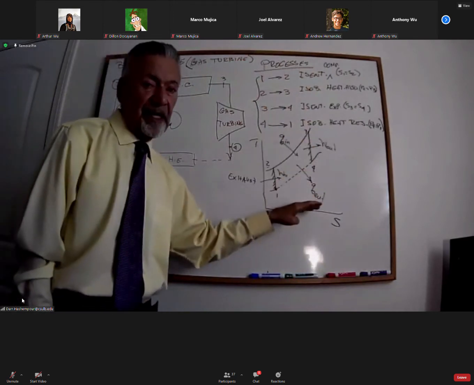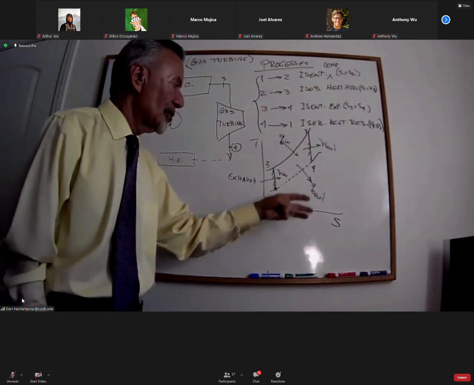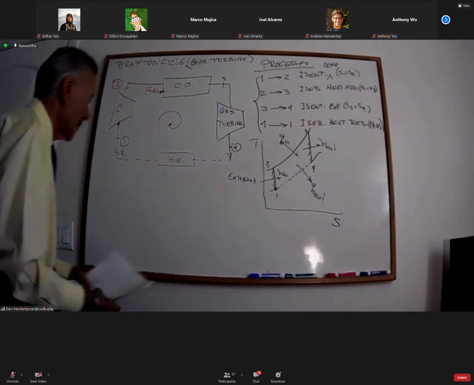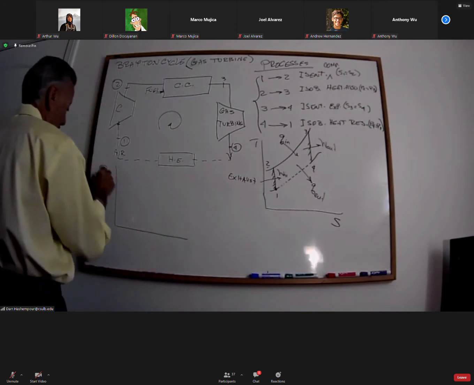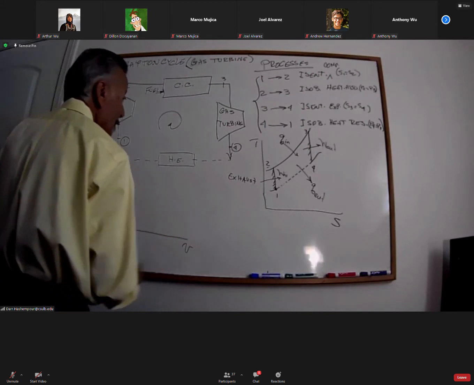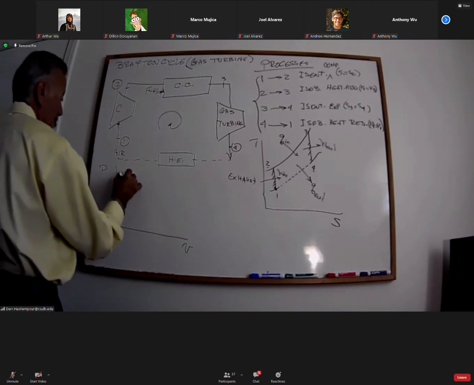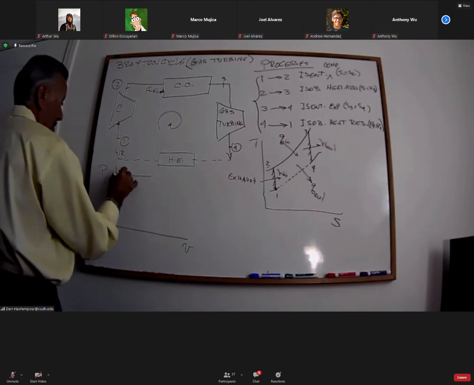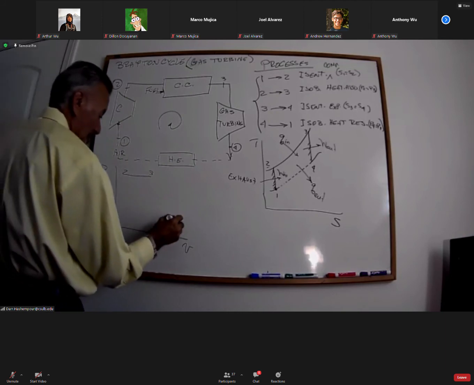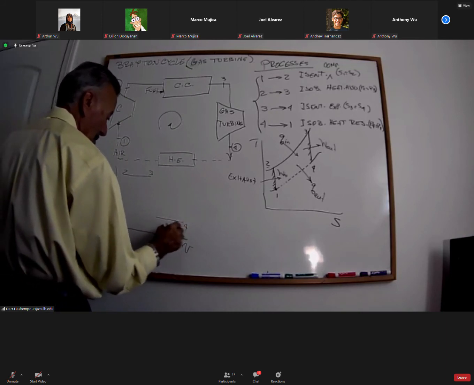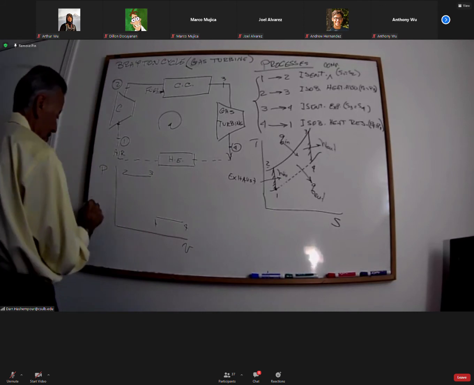So that is our TS diagram. Now we want to look at the PV diagram. In our PV diagram, they have process 2 to 3, constant pressure. They have process 4 to 1, constant pressure.